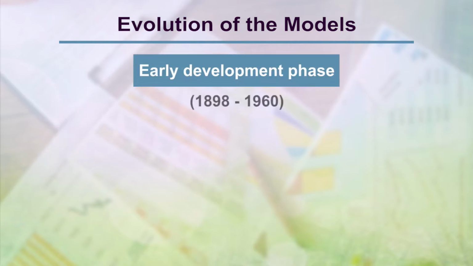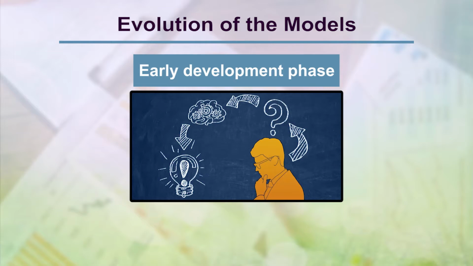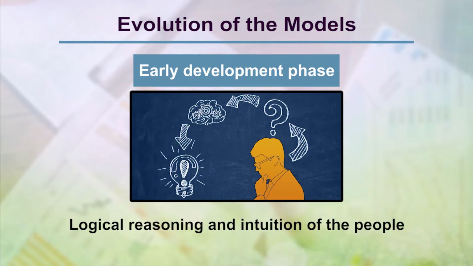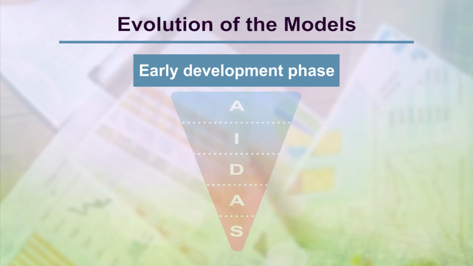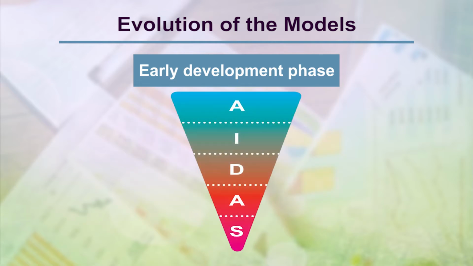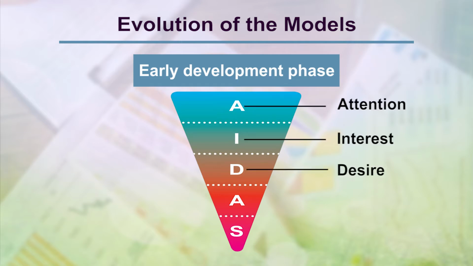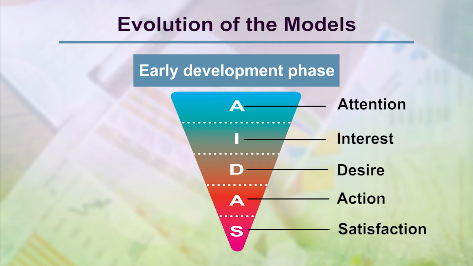The period from 1898 to the 1960s is termed as the early development phase. Models developed in this period were mostly based on logical reasoning and the intuition of the people. The first model, the AIDAS model, an acronym that stands for attention, interest, desire, action and satisfaction, was evolved by various researchers.